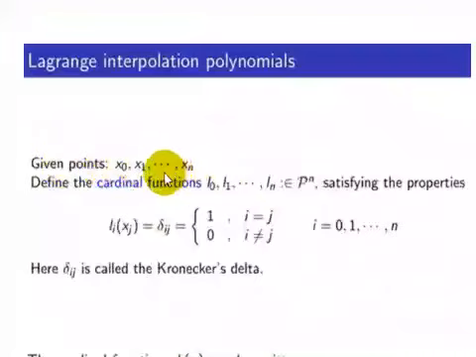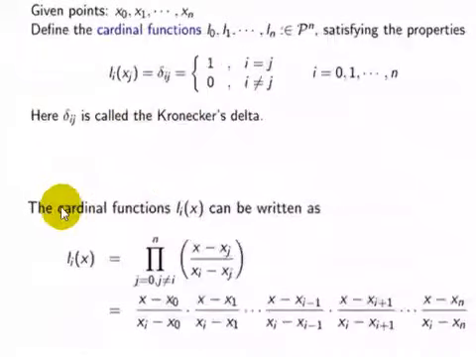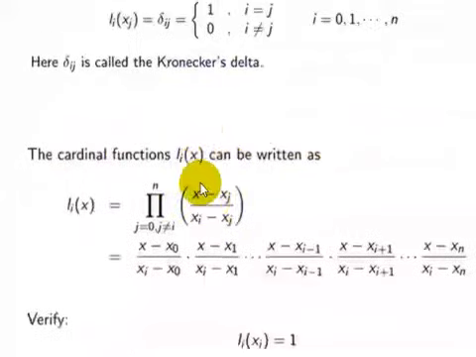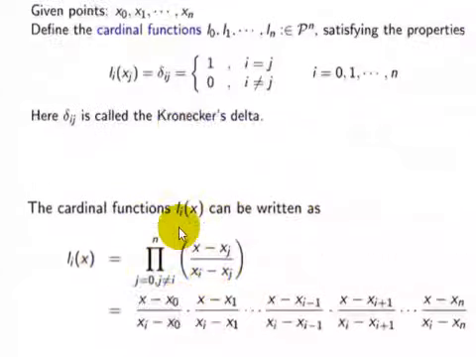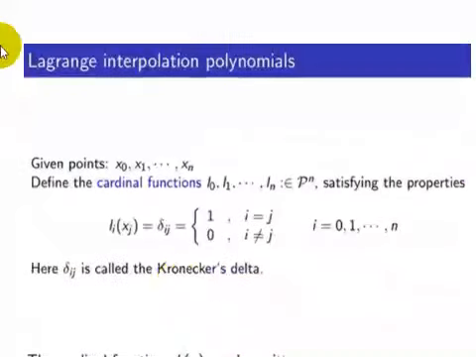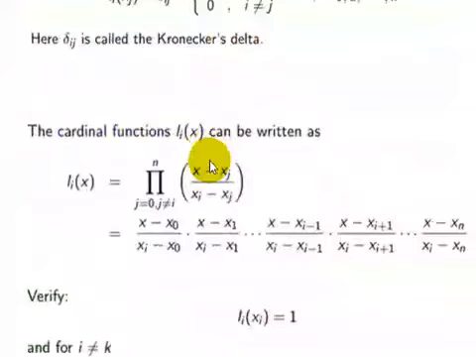So we can compute cardinal functions very easily because we have an expression for that. The disadvantage of using Lagrange interpolation is, suppose you want to add another experimental data point, so you want to include another data point into your calculation.